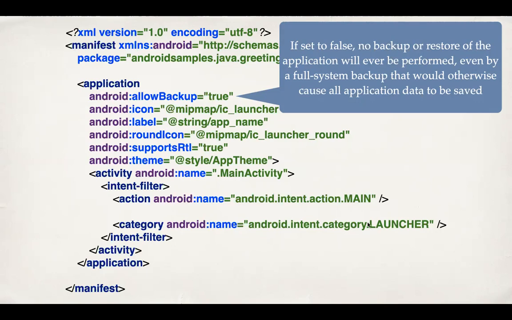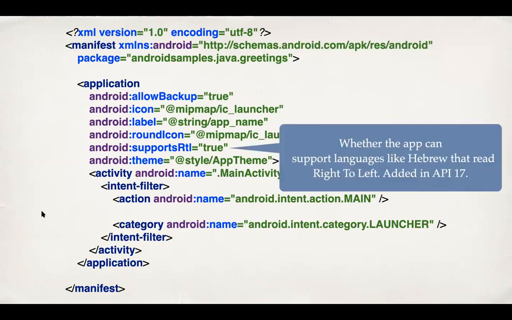Okay. Next, you see the icon, which is from the mipmap, so you can guess what it will be, the ic_launcher, and that's how the icon for this app shows up on the launcher screen. And then it also gives the round icon, which is the ic_launcher_round, both versions of it. This supportsRtl is true, and RTL means right to left, for supporting languages like Hebrew and Arabic that read right to left.